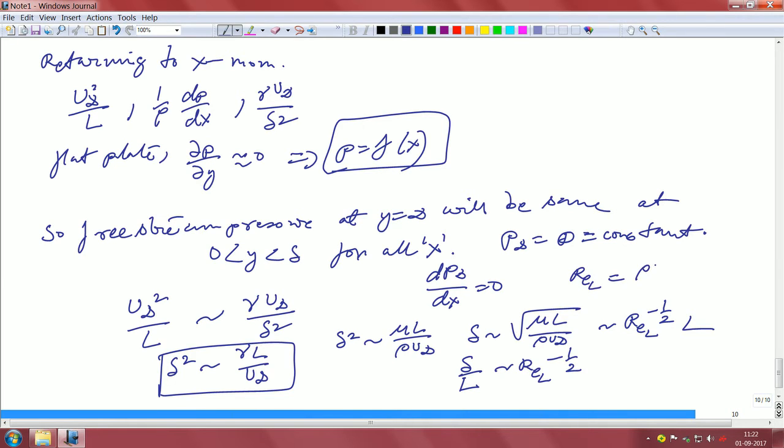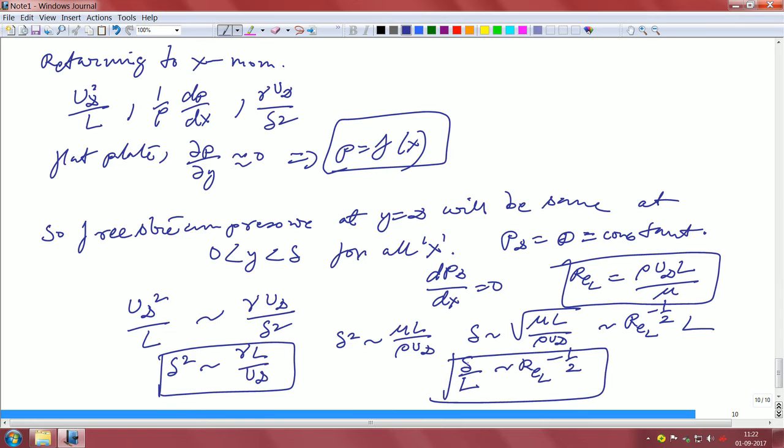Rho u infinity in this particular case, into L by mu, right. So, that is the definition of Reynolds number, right. So, you can see that delta by L varies as Reynolds number to the power of minus half, okay.